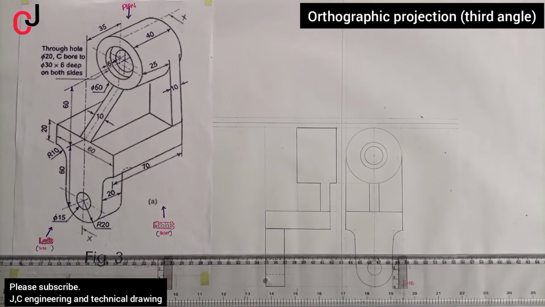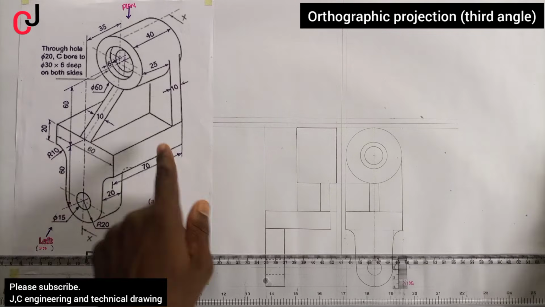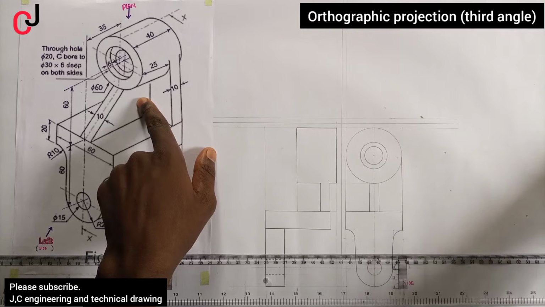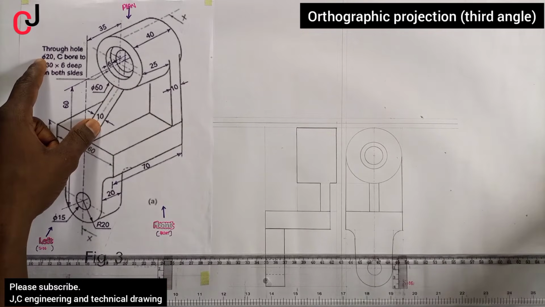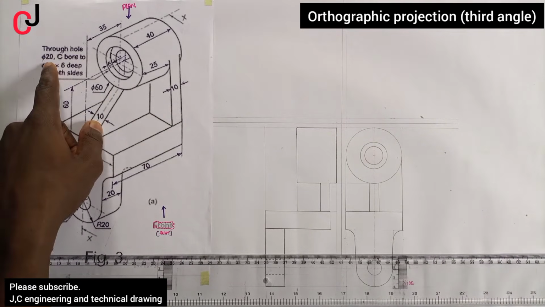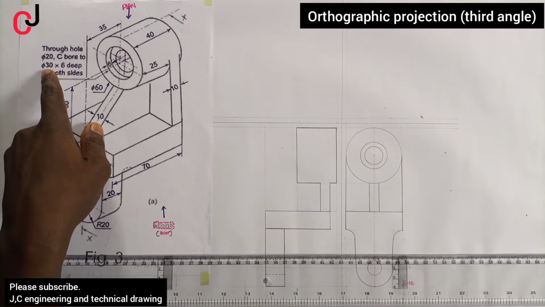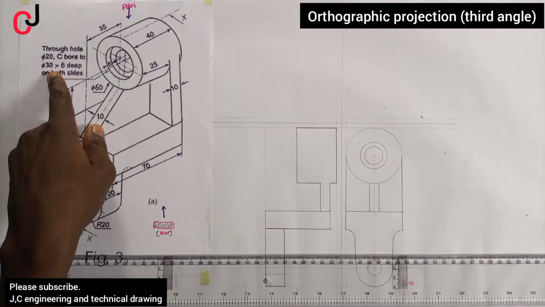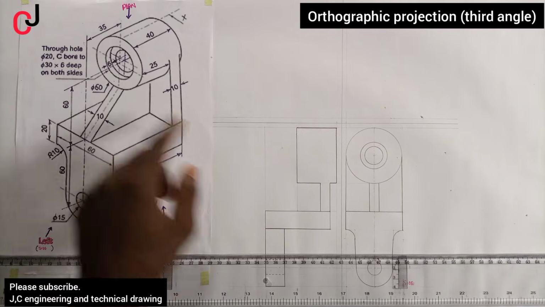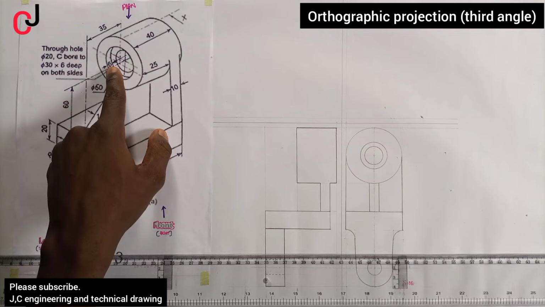Now from our diagram, from this point here, from our front view, you can see what it says. It's a through hole of 20 millimeter, bored to 30 diameter by 6 deep. So measure 6 millimeter deep. That's what they represented here.